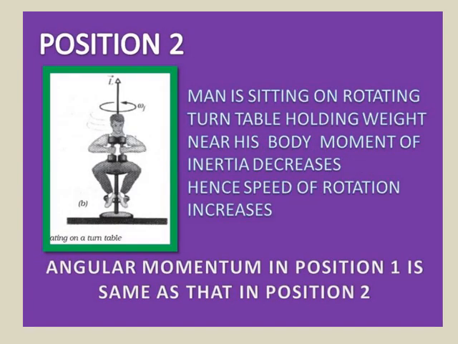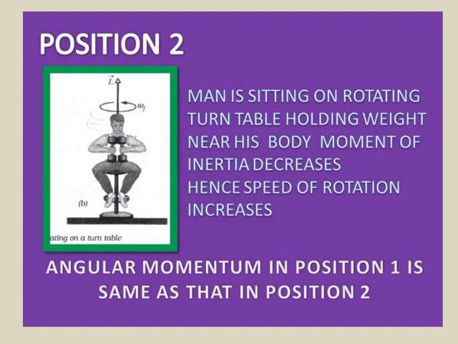Now in position number 2, the same man is performing rotational motion about a vertical axis on a turntable, but in position number 2, the man brings the two weights close to his body. Due to that, moment of inertia decreases, and therefore the angular velocity of the man increases.